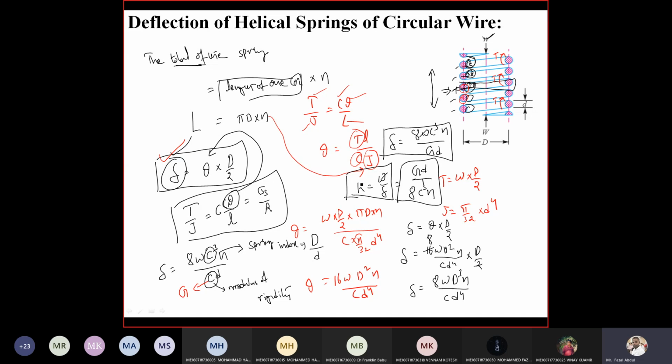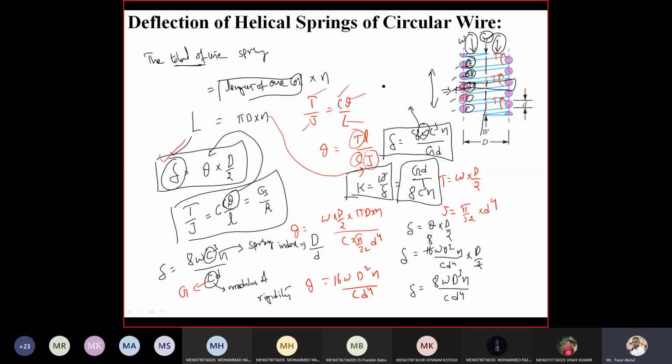Remember, for this deflection topic, the load we are applying here is axial, meaning along the axis of the spring. Sometimes the load is applied eccentrically, and in that situation the equation for this W may change. I'm showing what the equation is when the load is applied eccentrically. Eccentric means the load is applied here or somewhere here, not axially.